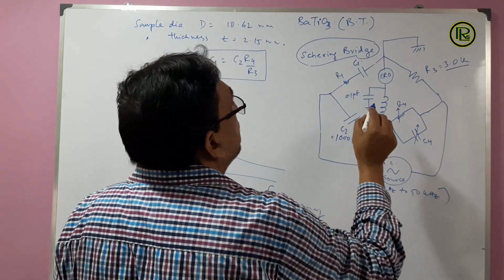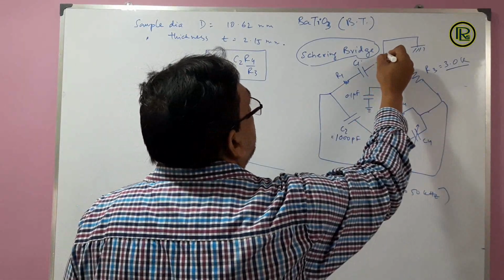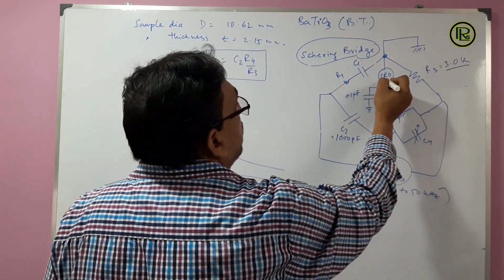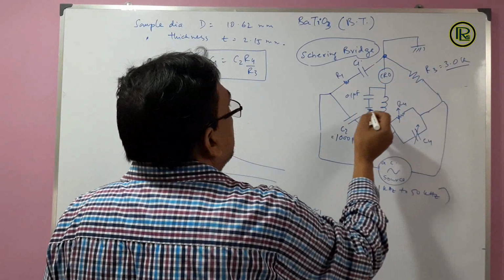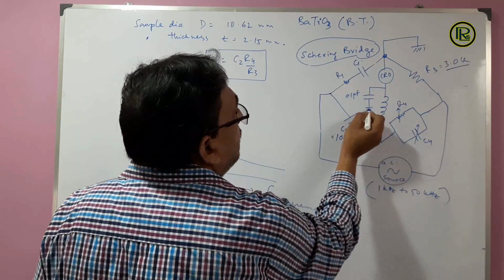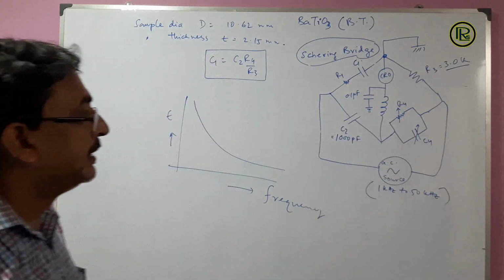We have this end grounded. The CRO is connected here, and this end is also grounded.